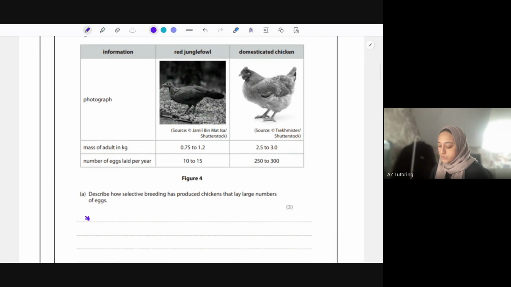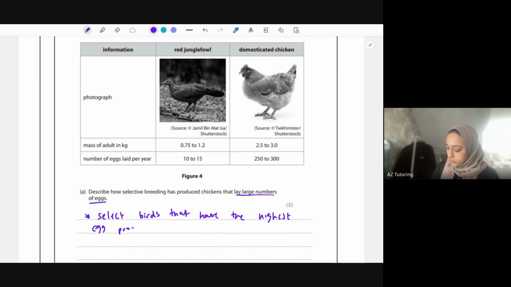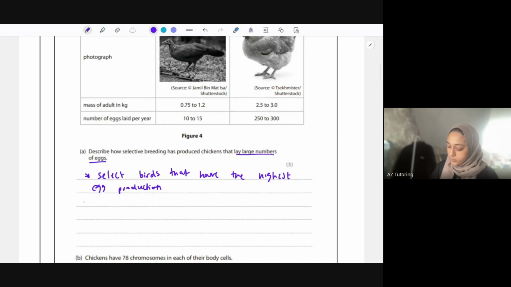So you're going to select birds which essentially have the highest egg production, because that's the one we're wanting to breed. Okay, so that's your first point with selective breeding.